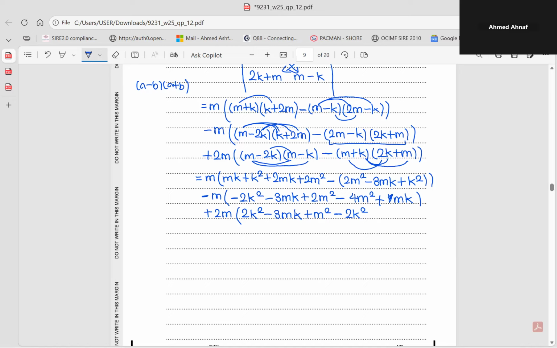So km plus 2km, that is plus 3km, but since there's a negative sign, it's going to be minus 3mk. And then the m squared term, so m times m, so m squared, negative sign, so minus m squared. Okay, let's simplify everything inside the brackets, and then we'll add the m's.